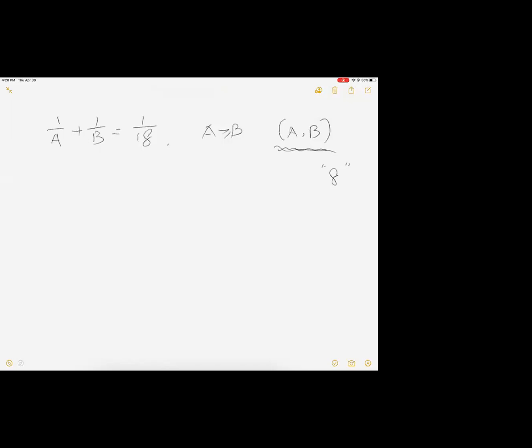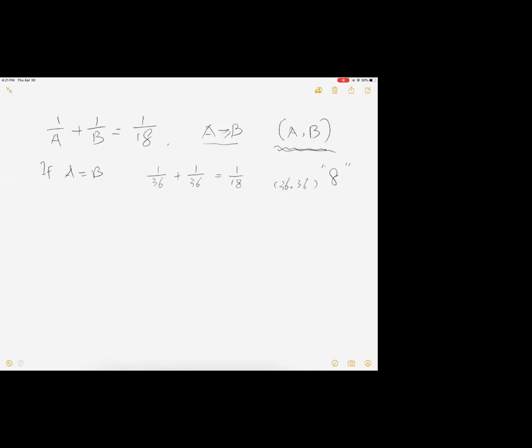It says A is greater than or equal to B. There's one example I can think of easily: if A equals B, then this will be 1 over 36 plus 1 over 36 equals 1 over 18, right? So we know there's at least 36 that would work. And beyond this, anything else we can do about it?